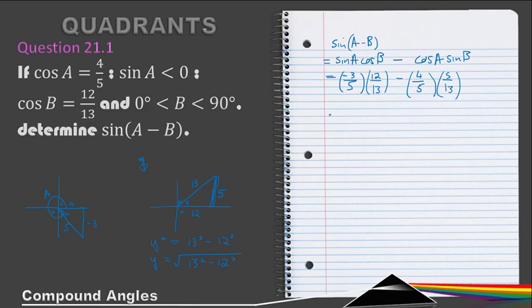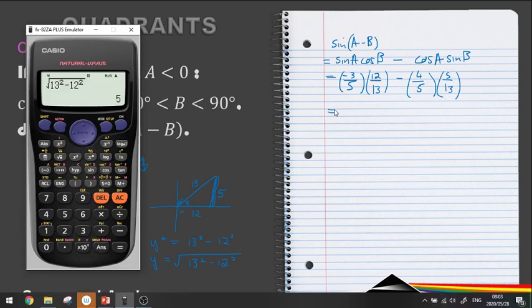Okay, so let's put this into the calculator. So we have a negative 3 over 5 times by 12 over 13 minus 4 over 5 times by 5 over 13.